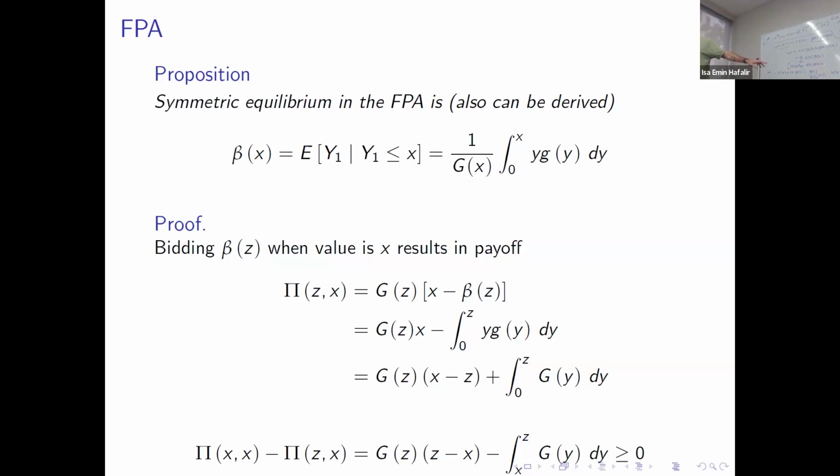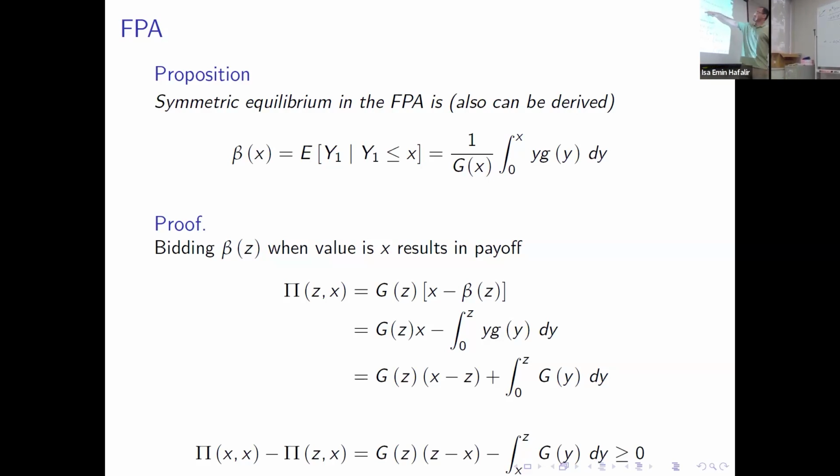This constant of integration is going to be 0, because a bidder with value 0 has to be bidding 0 at the equilibrium. So you solve the equilibrium as beta of x equal to 1 over G of x, times the integral from 0 to x of y g(y) dy.